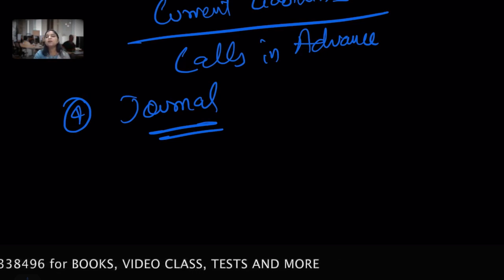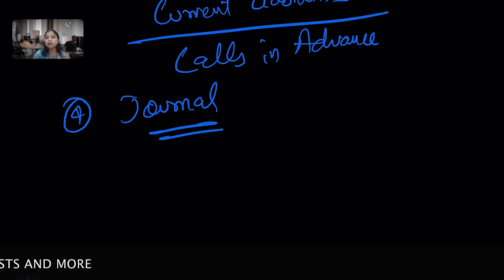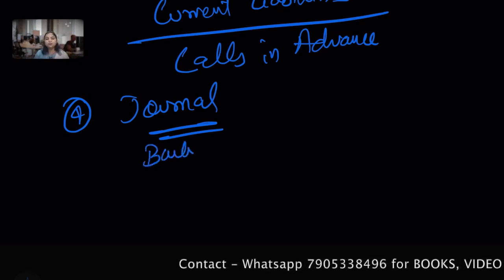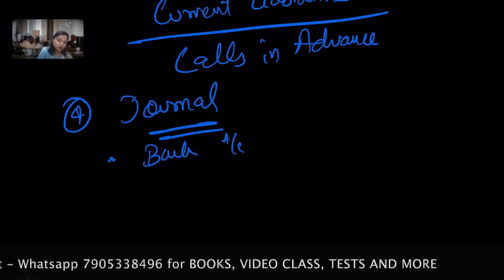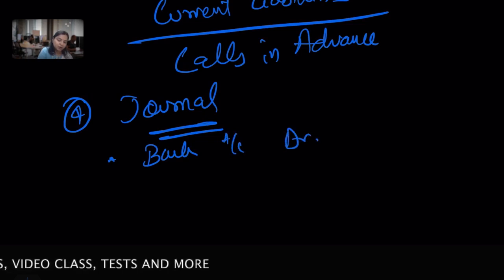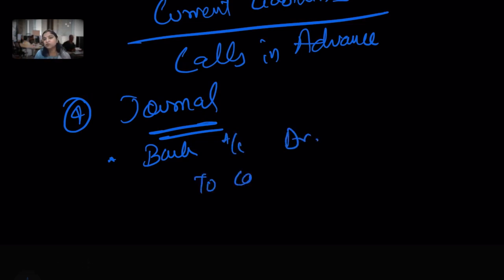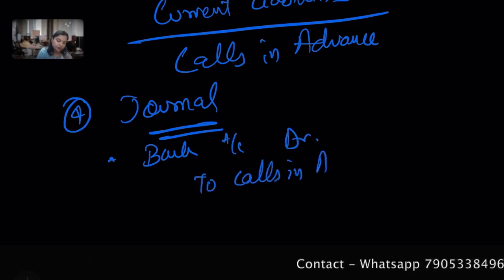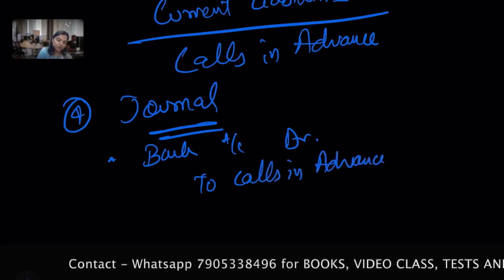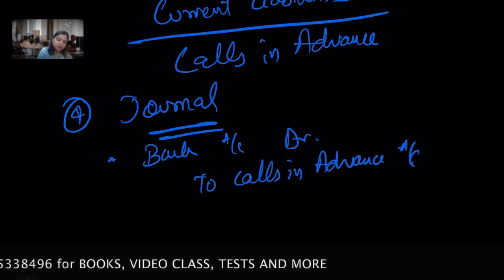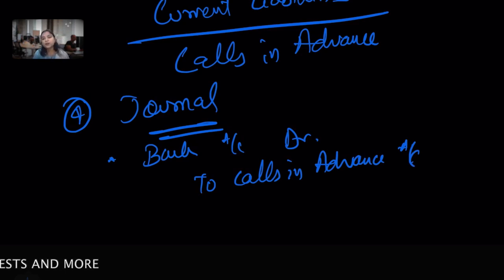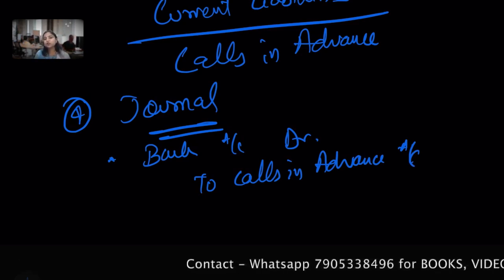You paid me at the time of application, so I received the call money. I mean, the company received your calls in advance. So obviously, you people have learned very well: bank account debit, because I am receiving that calls in advance from you, to calls in advance account, because I told you we need to create a separate entry. So whatever the amount I received as an advance, I'll show here.